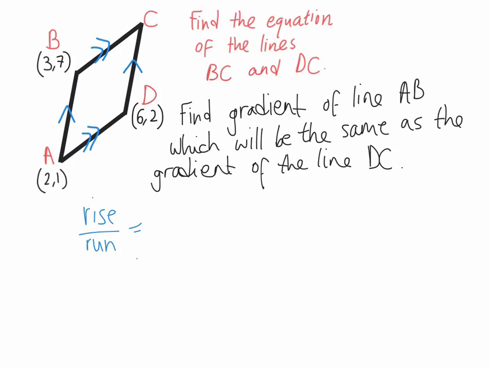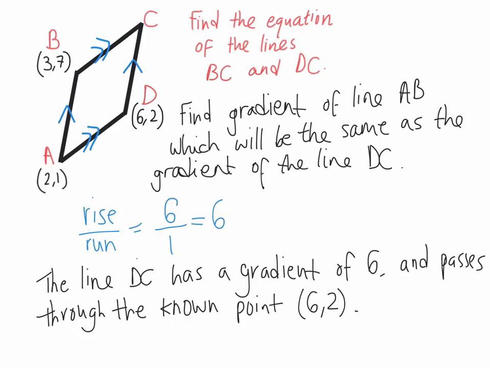So we are rising 6 and we're running 1, so the gradient is just 6. So now we know that the line DC has a gradient of 6, and we can already see that it passes through the known point 6, 2.